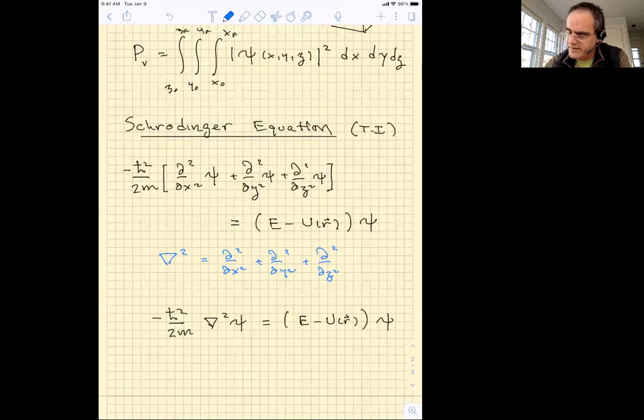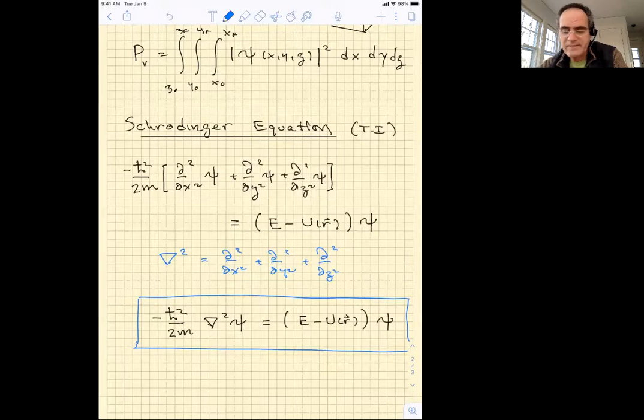So that's Schrodinger's equation in 3 dimensions, okay? And now this is a partial differential equation in 3 variables, x, y, and z. Or if we choose to work in another coordinate system, say spherical coordinates, they might be r, theta, and phi, or whatever, okay? But it's a more complicated equation to solve.